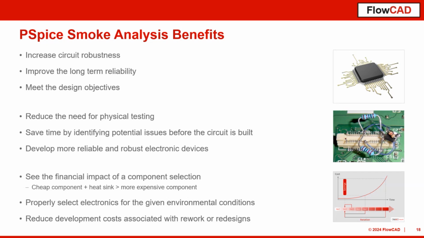So it's a really early analysis to identify potential issues before you have started any production or manufacturing. PSpice Smoke can be used to run a what-if analysis, giving you the choice of finding an optimal solution, where you, of course, decide what is optimal for you.